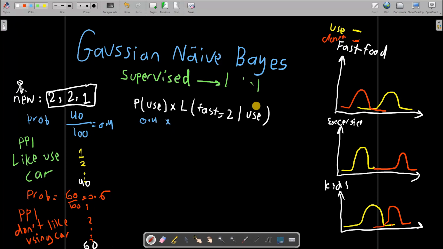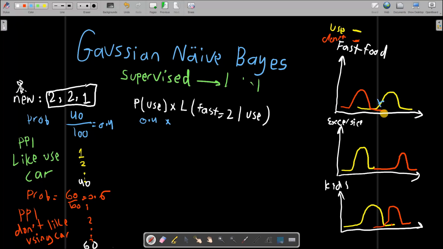And we need to multiply that by the probability that he eats 2 times fast food, given that he uses a car. Well, we will go to the fast food here, and we need to get the likelihood. So it is in the yellow. Let's assume that we found that the likelihood exists here.